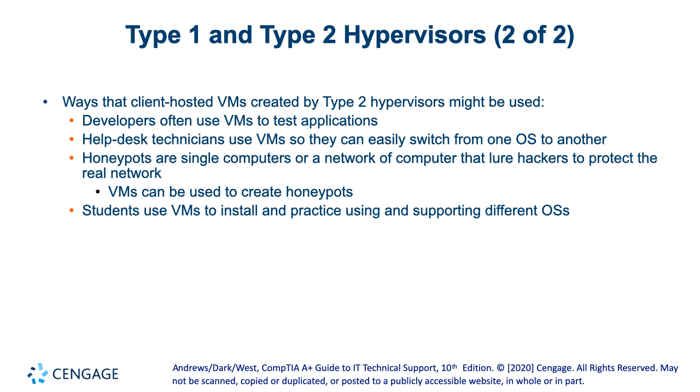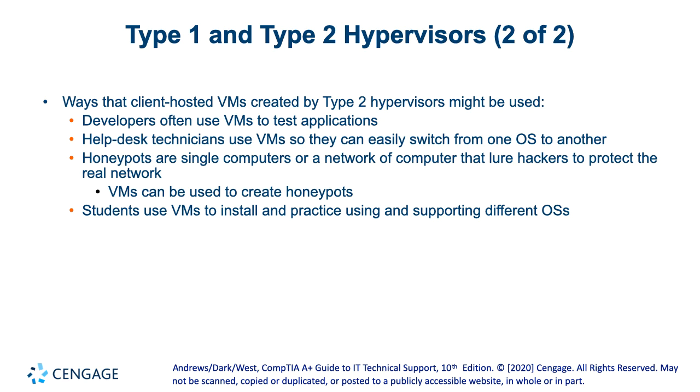While a Type 2 hypervisor is not as powerful as a Type 1 hypervisor, it does have its benefits. A Type 2 hypervisor is easier to install and maintain, and it is easy for developers to use to test applications. It also allows help desk technicians to run multiple different operating systems and system configurations, allowing them to see and work with the same operating systems and software that their end users are running.